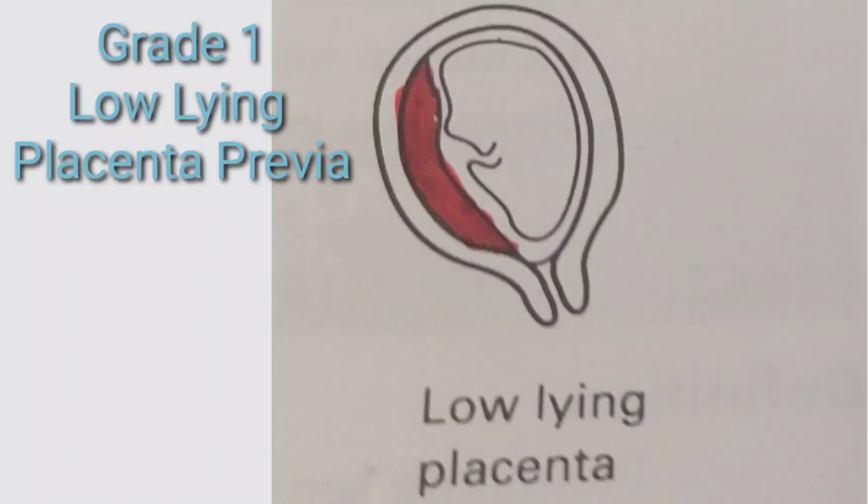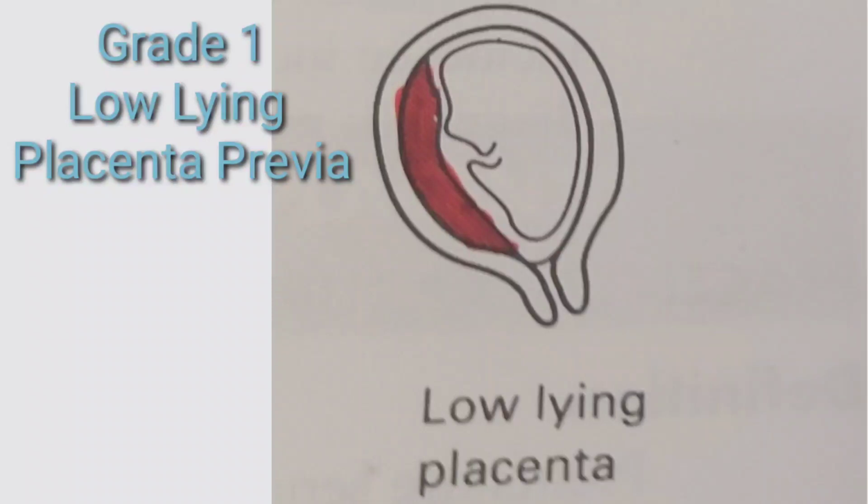If the placenta is away from the internal os by up to 2 centimeters, this is still considered a low-lying placenta. However, in early gestation it is likely to occur, and that's why a follow-up scan should be offered to look at the status of the low-lying placenta, whether it is slipping down, causing grade 2 or 3, or it is going upward.